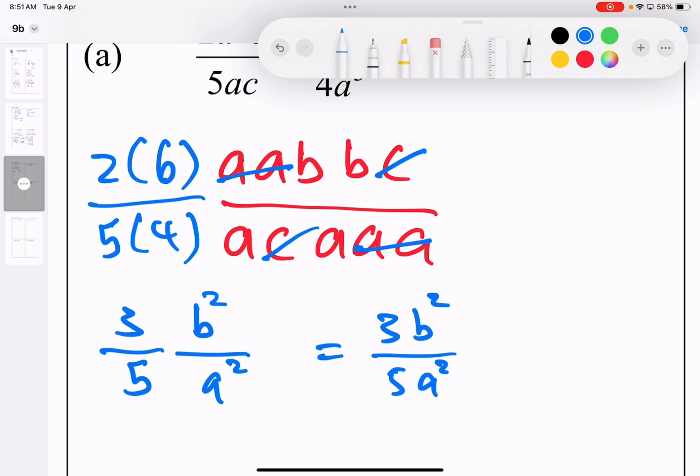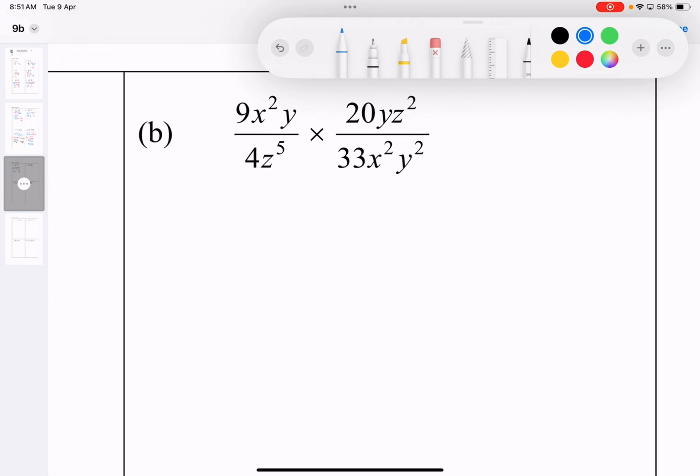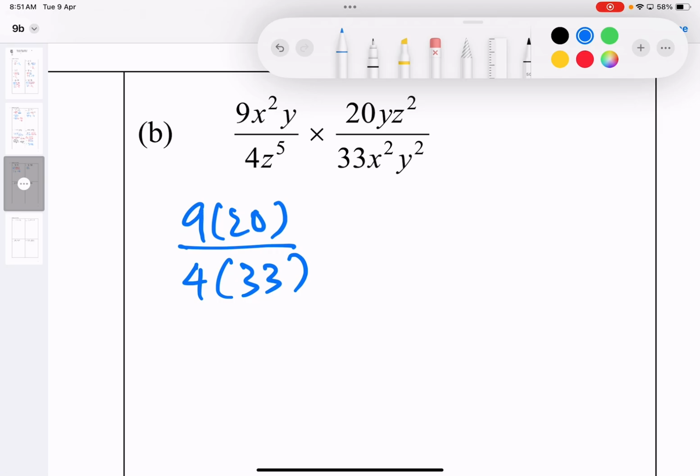Every single question in this question 3 is the same method. First step, put all the numbers together: 9 times 20 divided by 4 times 33. Put all the numbers side by side first. The rest you break it down.